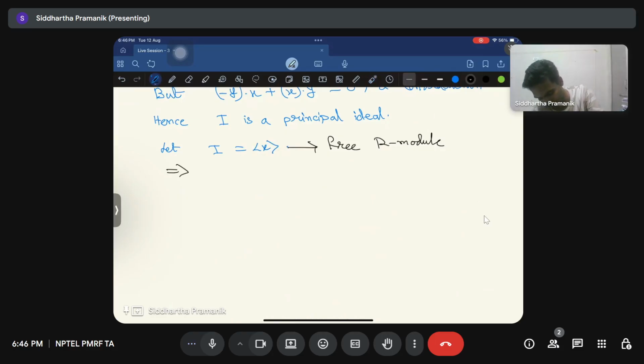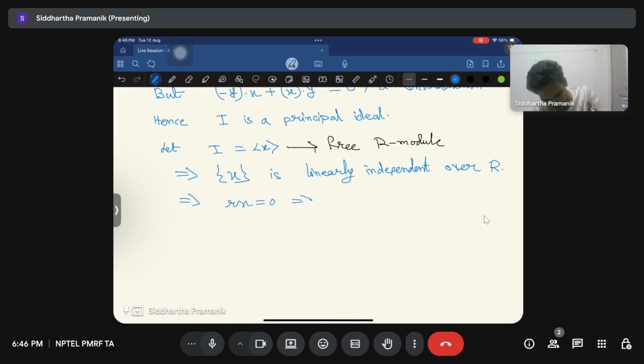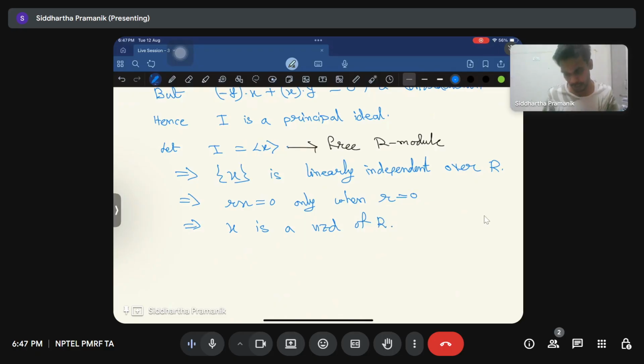So that implies that X is linearly independent over R. So that implies r times X equals 0 only when r equals 0. So that implies X is a non-zero divisor of the ring R. So that is very easy.